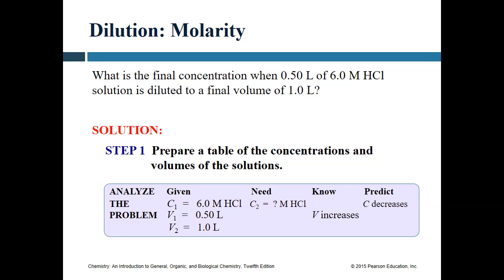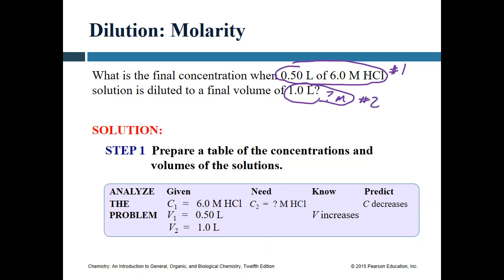So if I'm asked to figure out what the final concentration is, I need to remember to cluster together the things that are describing the same solution. So this 1/2 liter of 6 molar, this is our first solution. The final volume of 1 liter with our unknown concentration, that's our second solution.